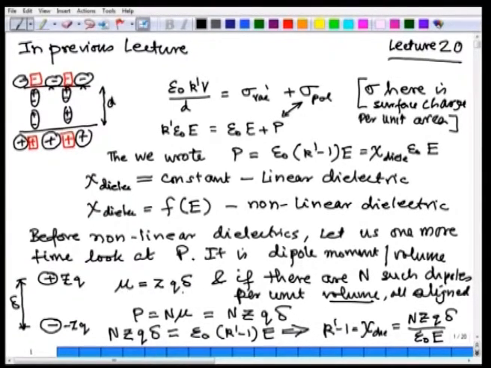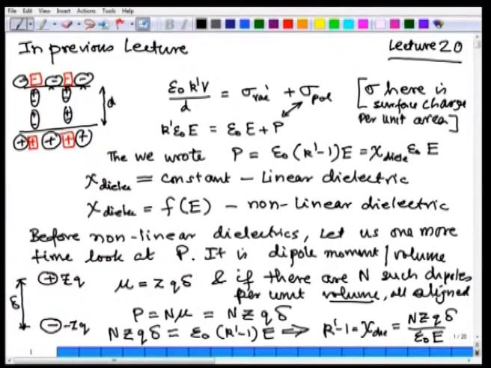If there are n such dipoles per unit volume, because remember we are interested in polarization, which is dipole moment per unit volume, and all of them are aligned, then I can simply add them up. In principle you should do vectorial addition, but I am just looking at the scalar values, so I must make sure that they are all aligned so that they can be added in a scalar way.